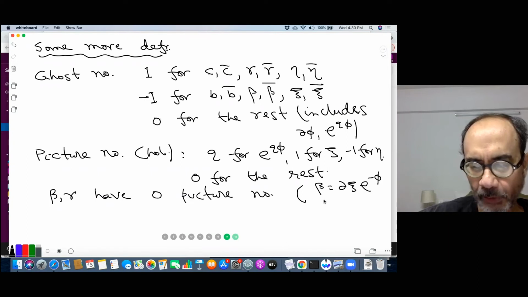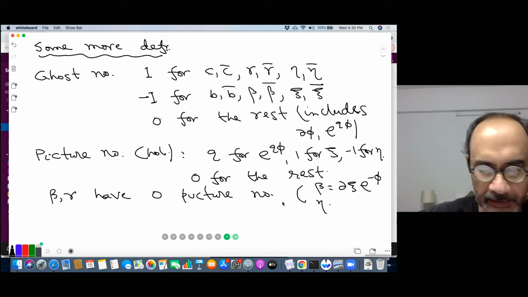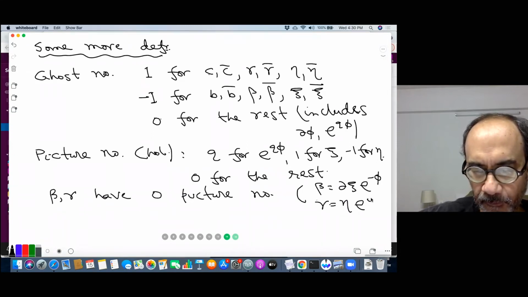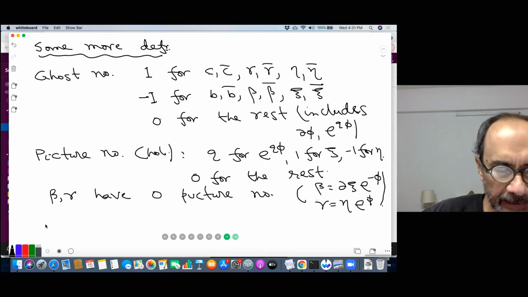So they add up to 0. And gamma is eta e to the phi, and again the picture number adds up to 0. -1 plus 1. Similarly for the anti-holomorphic picture number.